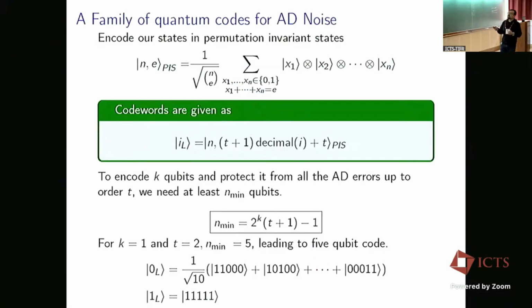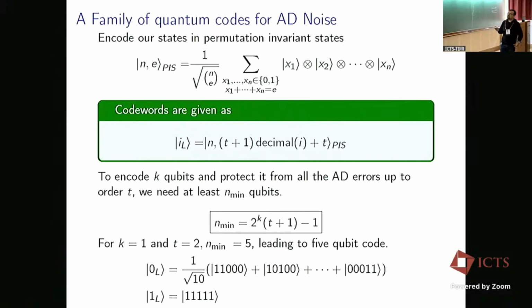After this 3-1 code, we introduce a family of AD codes which satisfies our error correction condition. This is the permutation invariant state, which we denote as this, and we encode our logical states in this. So these are our code words.